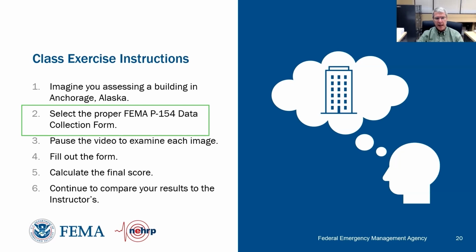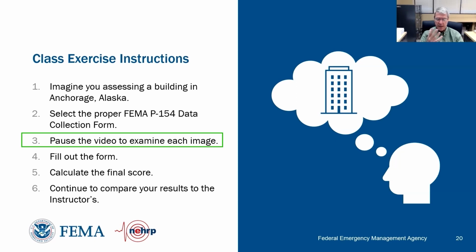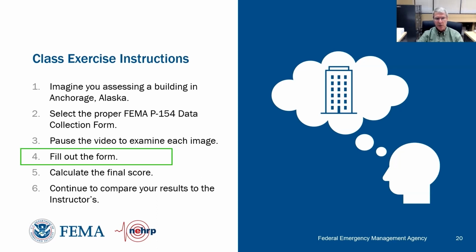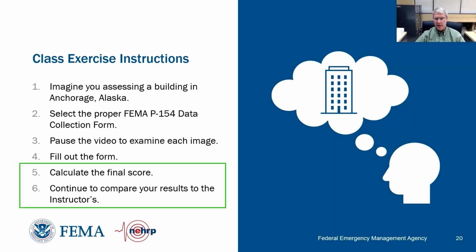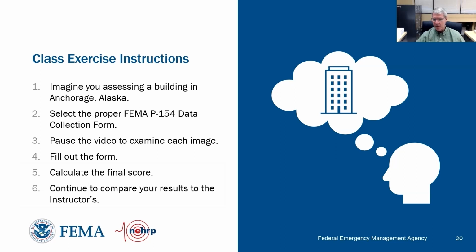Then we're going to have a Google Earth video that does an exterior walk around the building and looks at the elevations. Then we're going to ask you to begin to fill out the form, completing your review based on our exterior Google Earth review. We'll calculate a final score and then see what you ended up with relative to what we ended up with on the building.